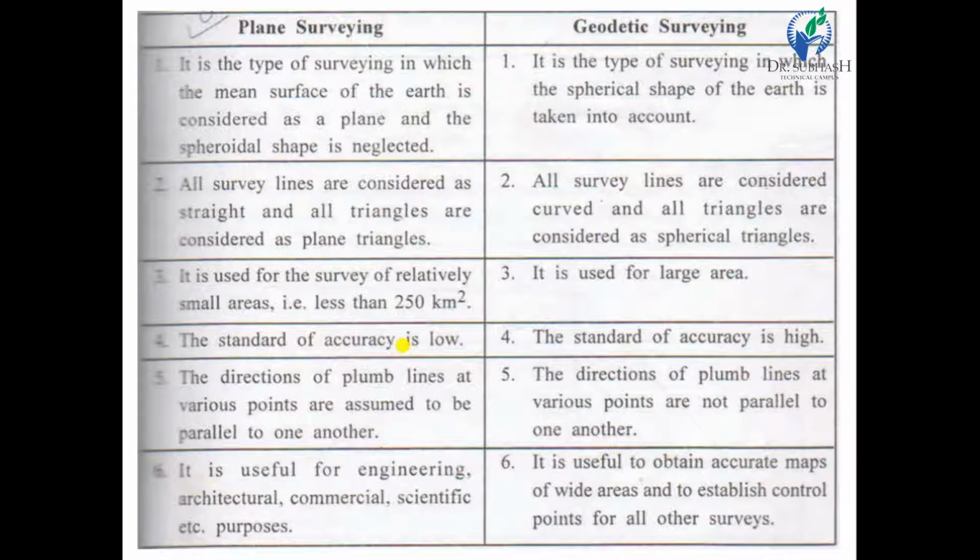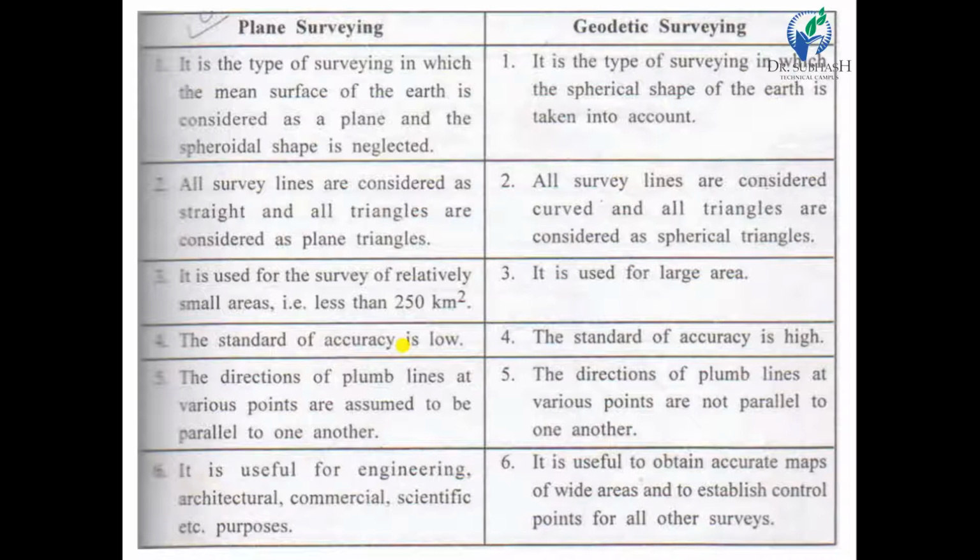In plane surveying, all survey lines are considered straight and all triangles are plane triangles. In geodetic surveying, all survey lines are considered curved and all triangles are spherical triangles. Plane surveying is used for relatively small areas, less than 250 square kilometers, and after that we use geodetic surveying measurements.